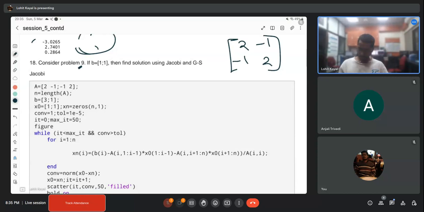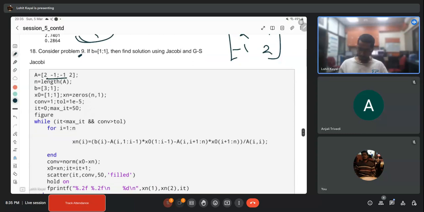So this is the matrix. Now for b equal to 1 1, here you need to find a solution. This is a simpler problem compared to all the other problems that we have discussed so far.